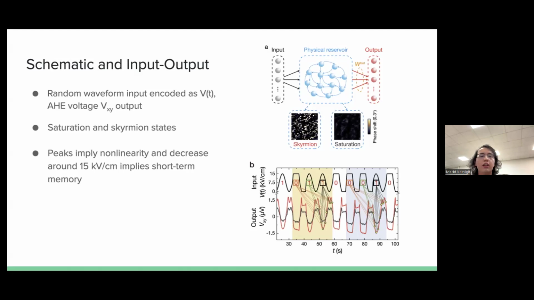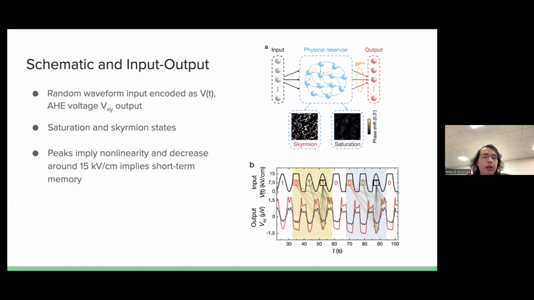Sine waveforms are denoted as 1, and square waveforms are denoted as 0. And we can see the nonlinear behavior from the double peaks and single peaks and so on in the output red curve of the Skyrmion state, but the nonlinearity is less significant, around 15 kilovolts per centimeter, which is the limit in our case.